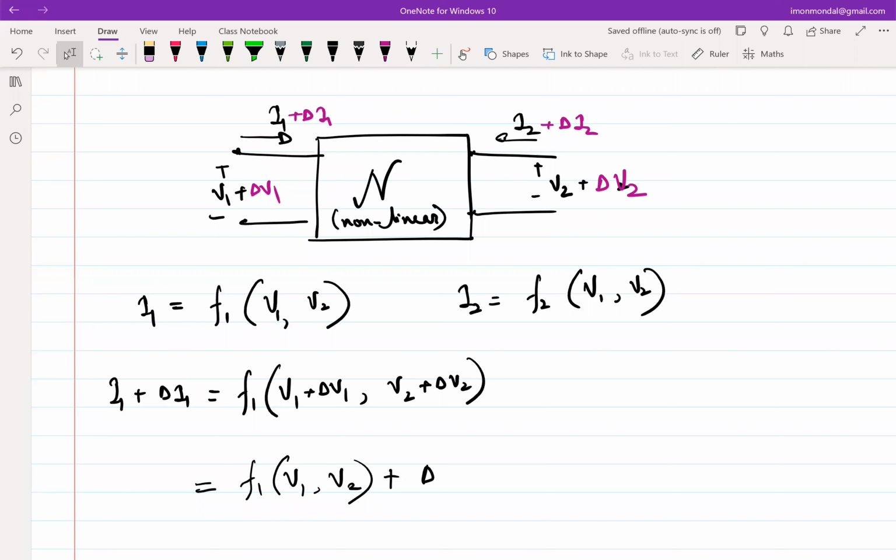Let me take a simple case. Then the input current is dependent on V2, right? One can argue that even in a simple resistor there is a feedback, because if we increase the voltage at one end, the current reduces, right?